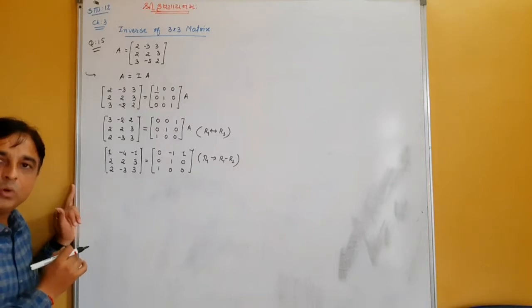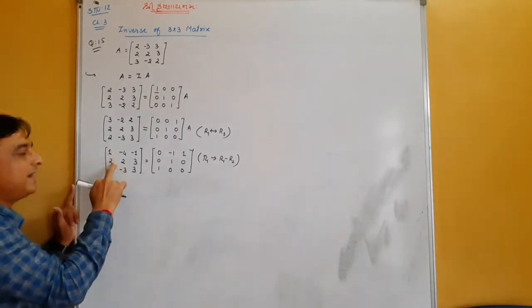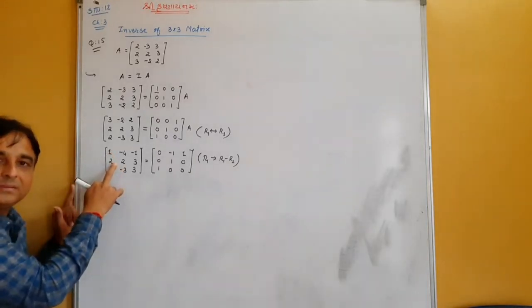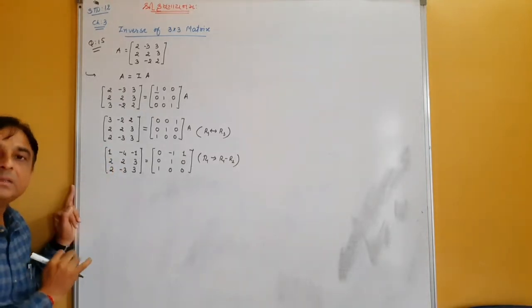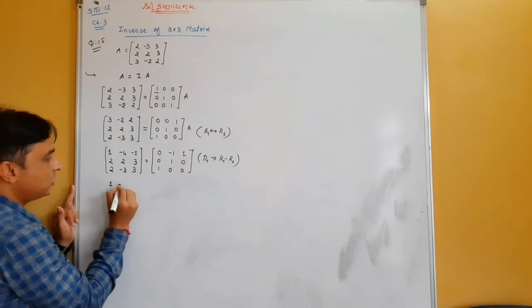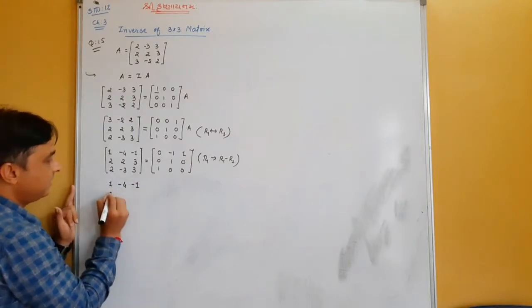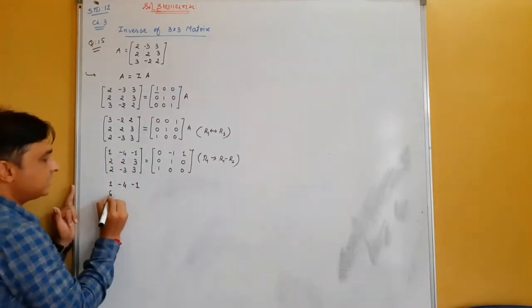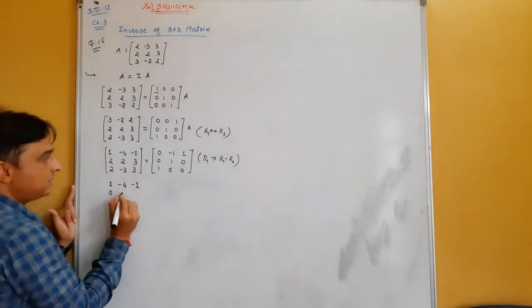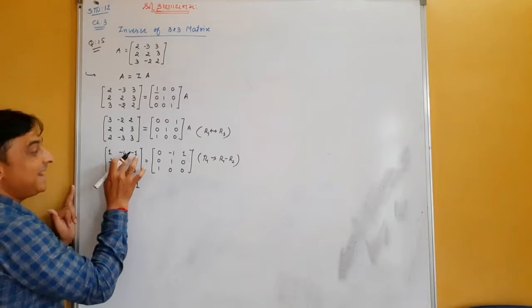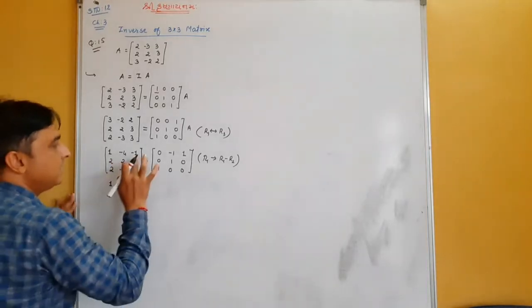Now what we have to do? Multiply with 2 and subtract from the second row, and multiply with 2 and subtract from the third row. So first row as it is. Multiply with 2 and subtract: 2 minus minus 8 means 10.